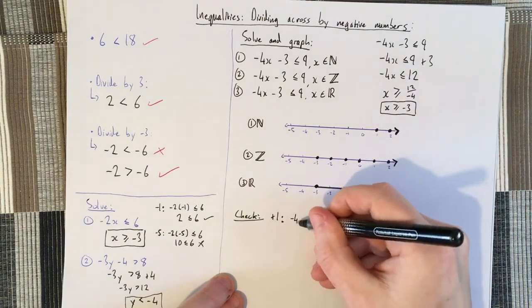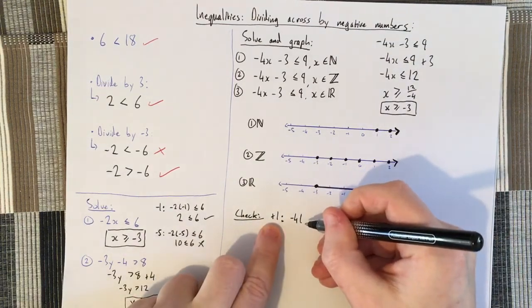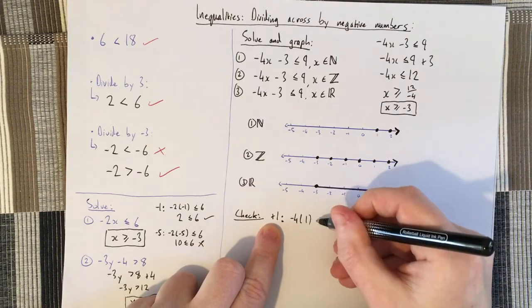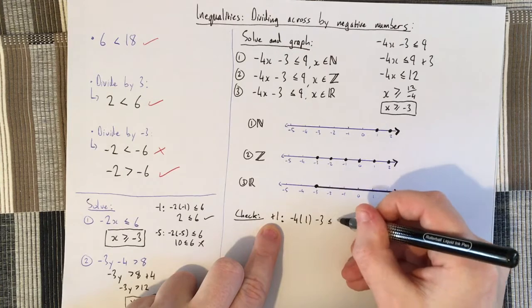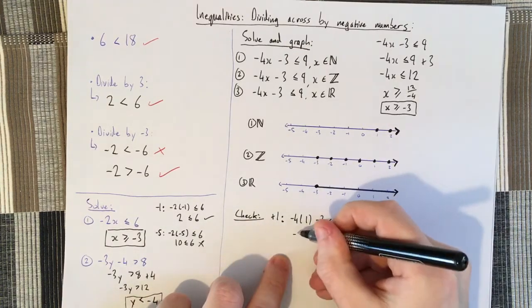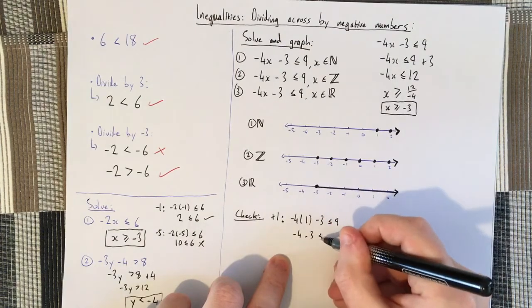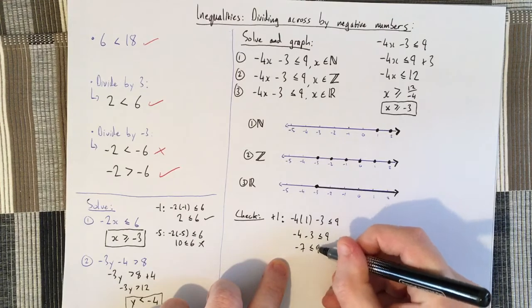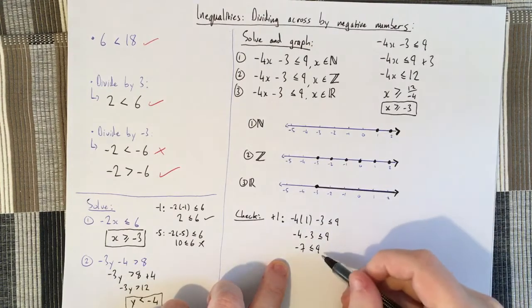So -4 times x, I'm subbing 1 in for x. So -4 times 1 is -4, -3 is less than or equal to 9. -4 minus 3 is -7. Is -7 less than or equal to 9?